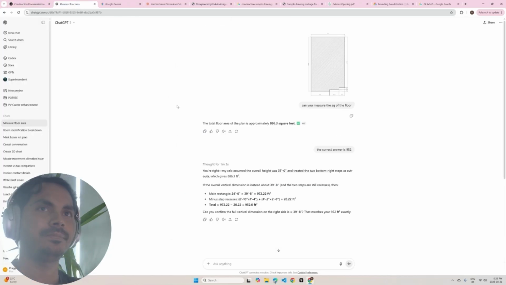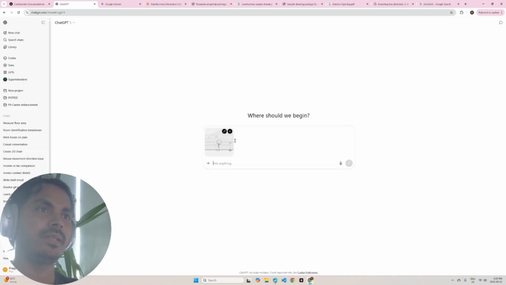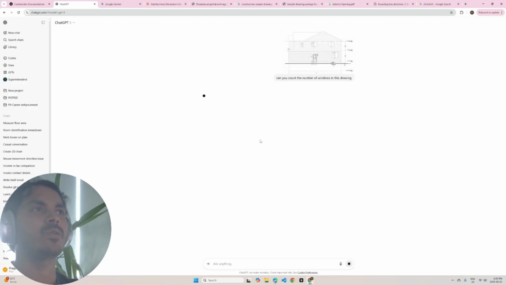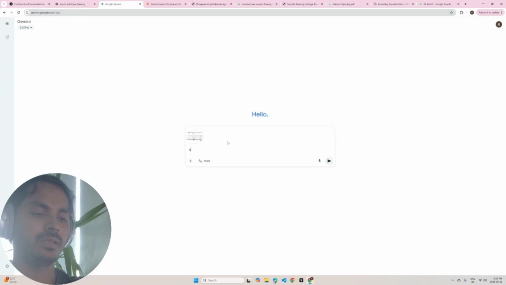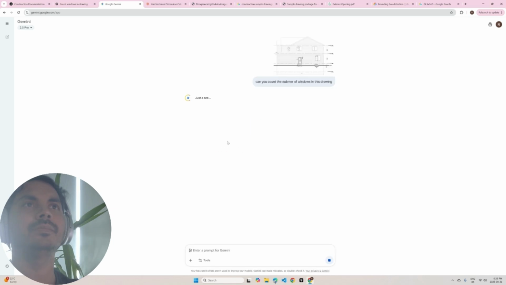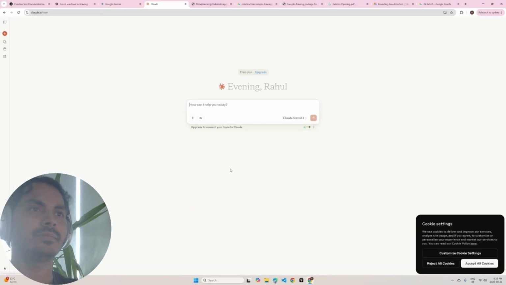What I'm going to do is a new chat and say, can you count the number of windows in this one? Very simple. New chat. Can you count the number of windows in this drawing? New chat. Can you count the number of windows in this drawing?